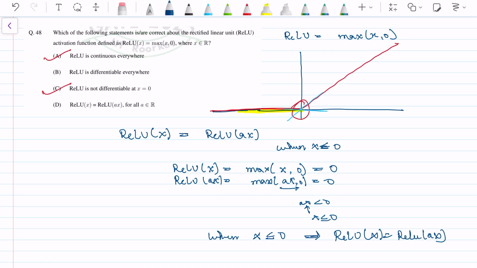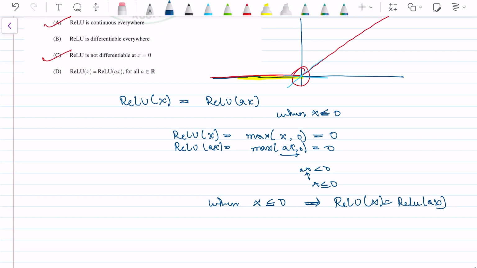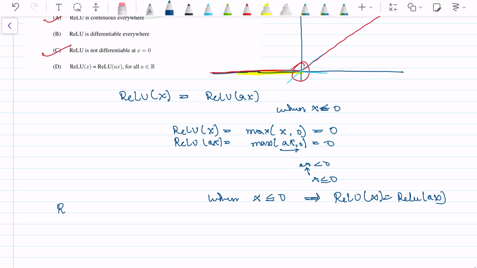But does the same condition apply for x greater than 0 also? We'll check that. For x greater than 0, the maximum of x comma 0 would be x, so the ReLU of x is x for x greater than 0.